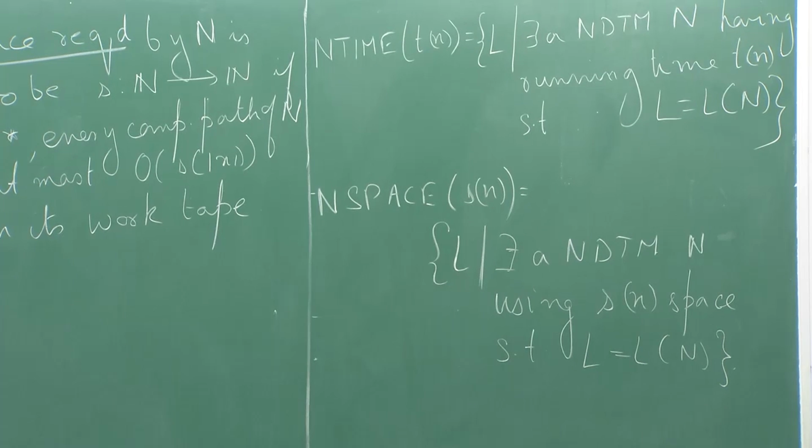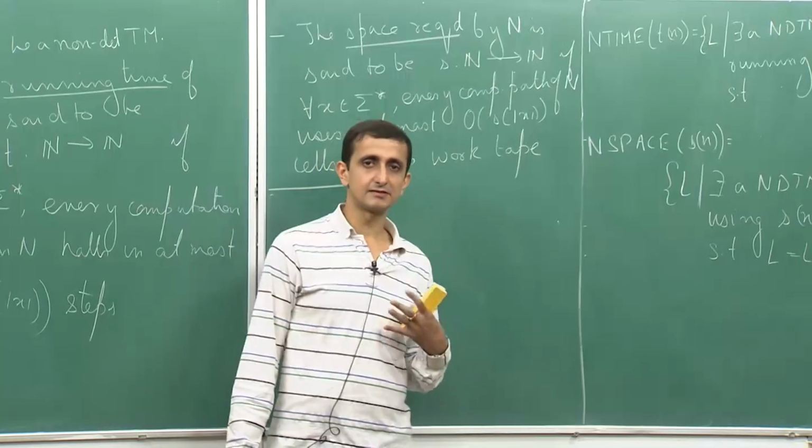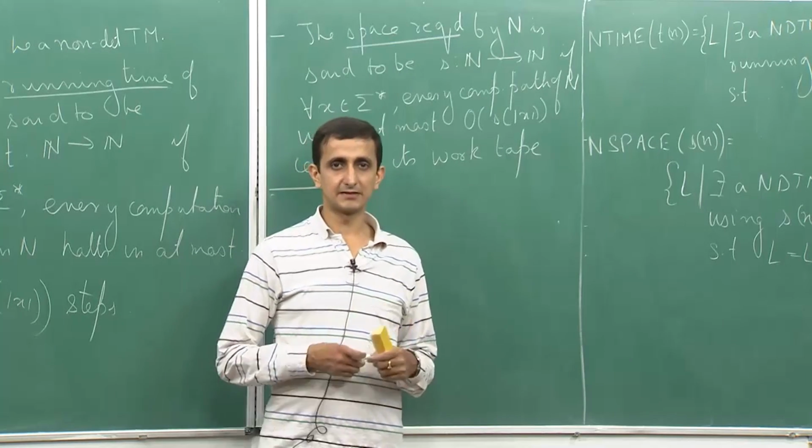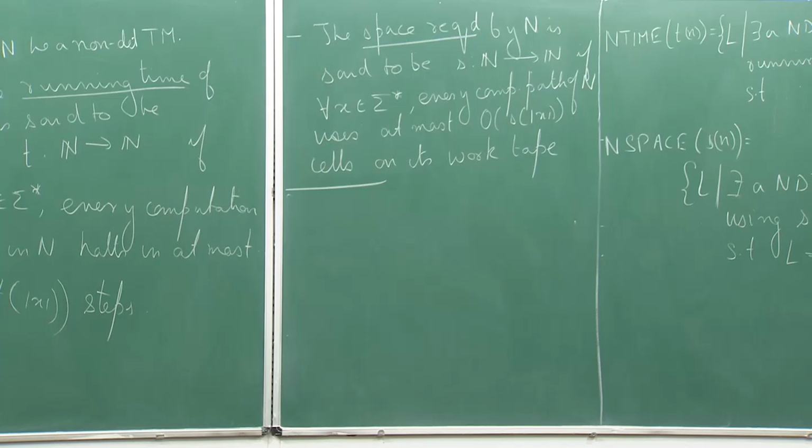So, this is how we define deterministic time and space classes as well as non-deterministic time and space classes. Okay. So, now let us look at some specific deterministic and non-deterministic classes.